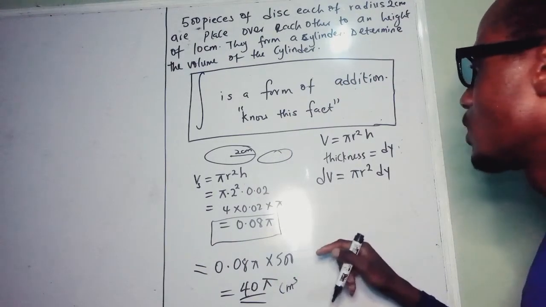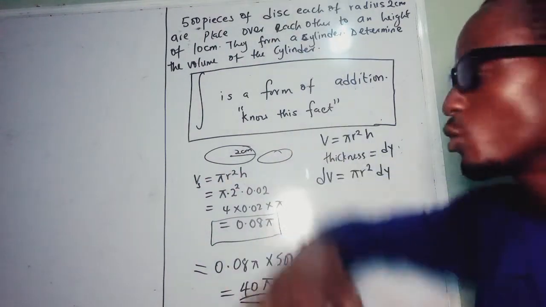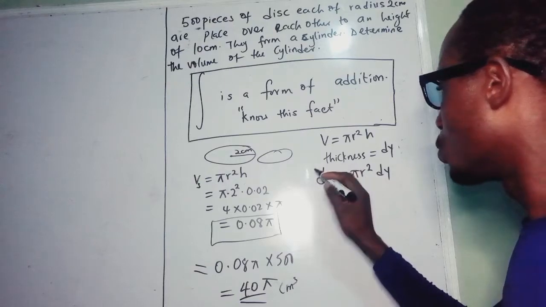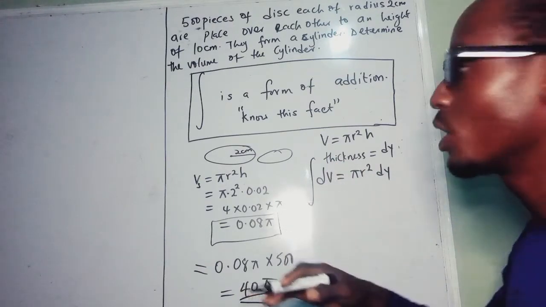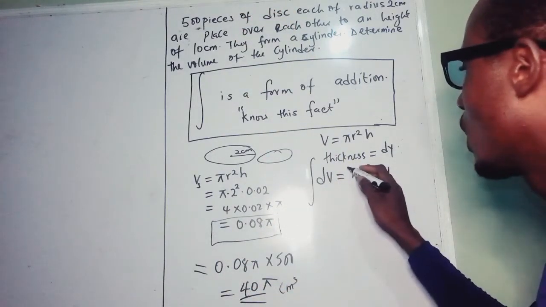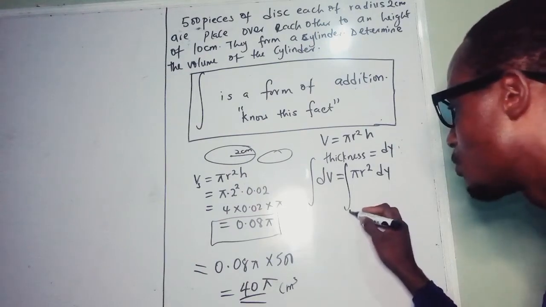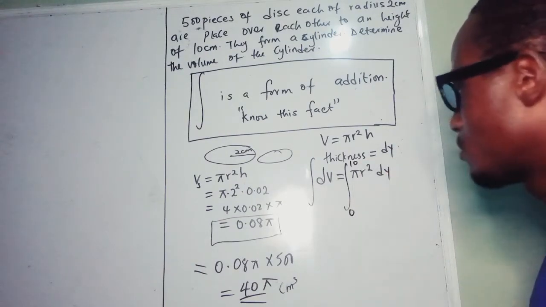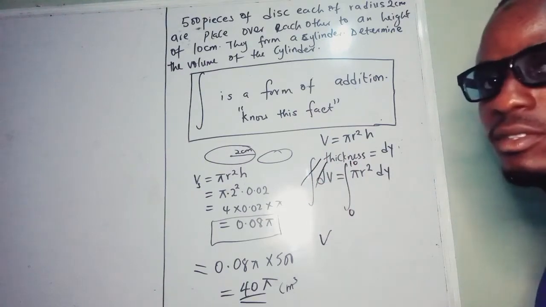Now, how do we get the volume of the whole 500 placed over each other? We introduce an integral sign. When they were placed together, they formed a height of 10 centimeters, so we integrate both sides, taking the limit from 0 to 10 on this side. The integral here cancels this, and we have v.